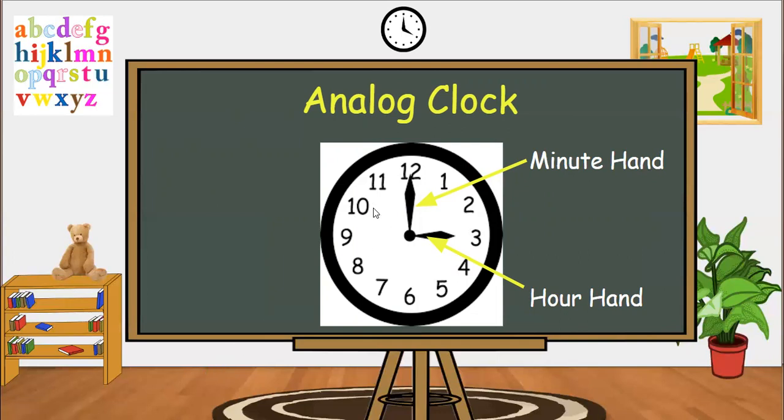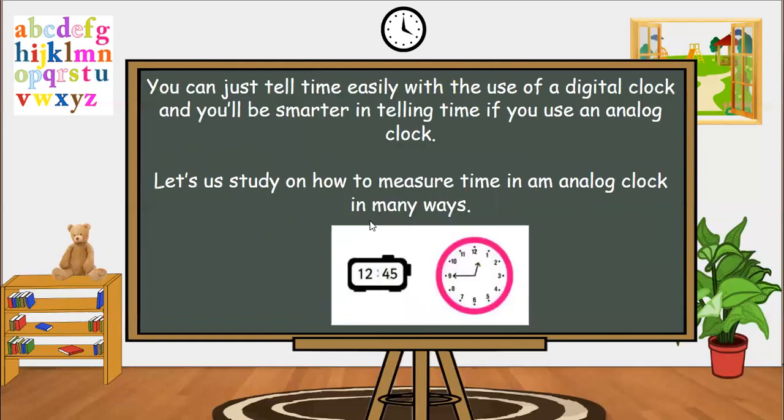We can usually see an analog clock in our houses. You can tell the time easily with the use of a digital clock, and you will be smarter in telling time if you use an analog clock. So let us study how to measure the time in an analog clock in many ways.